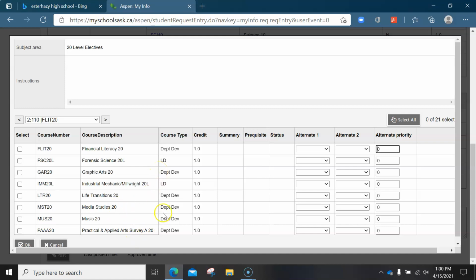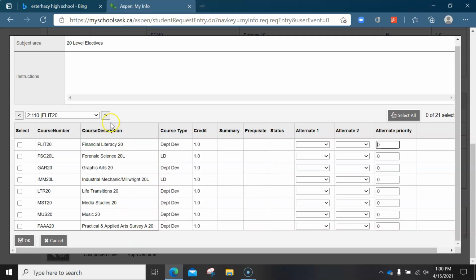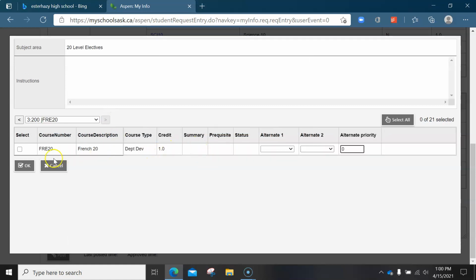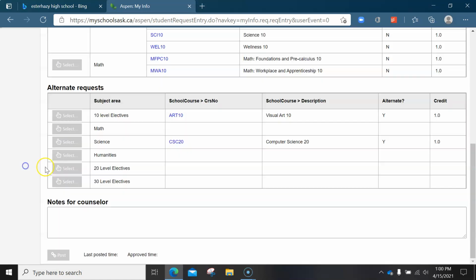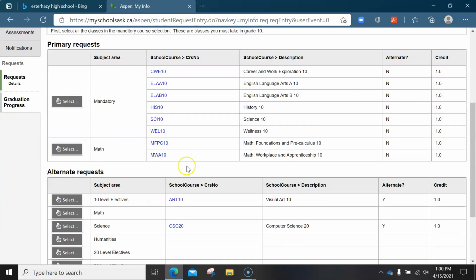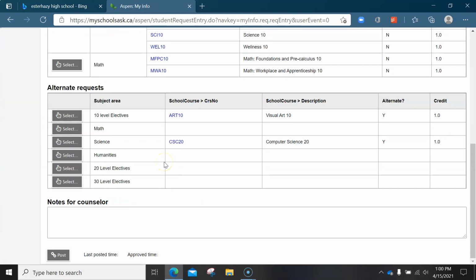Again, those practical applied arts, those are the types of classes that we're looking at that might be combined, with grade 10s, 11s, and possibly 12s. But they're very few and far between. Not many classes are going to be offered like that.